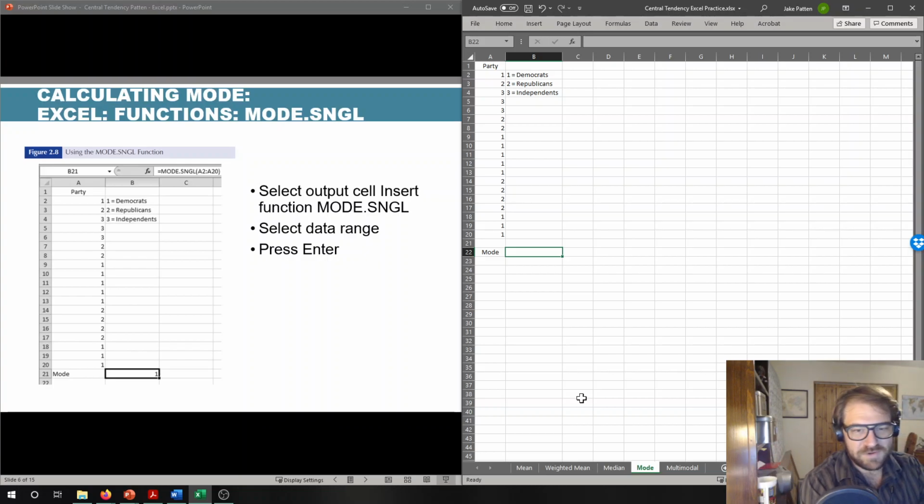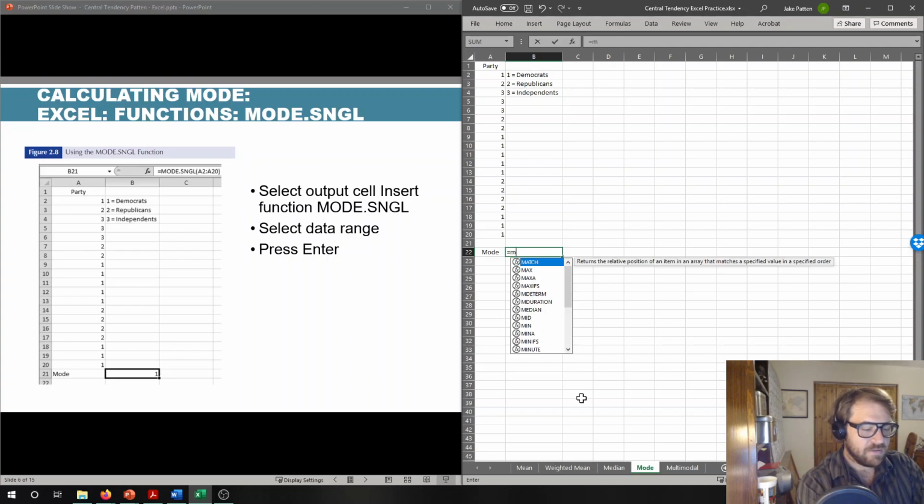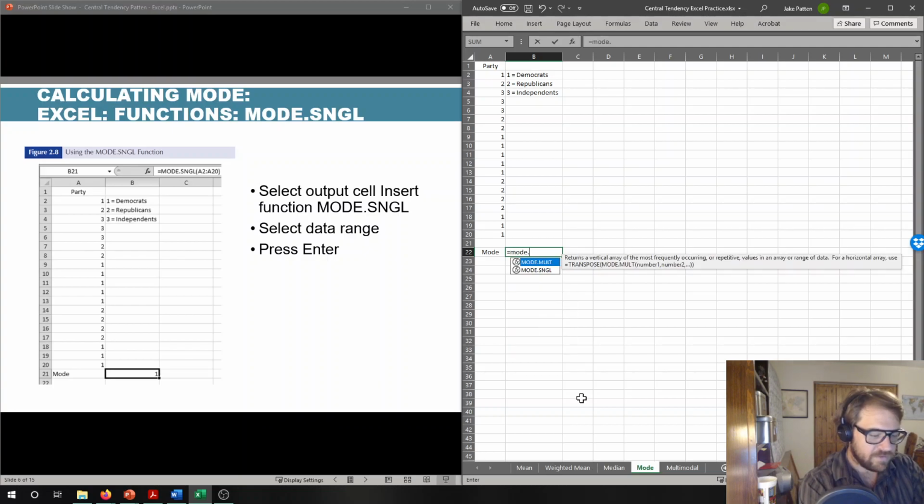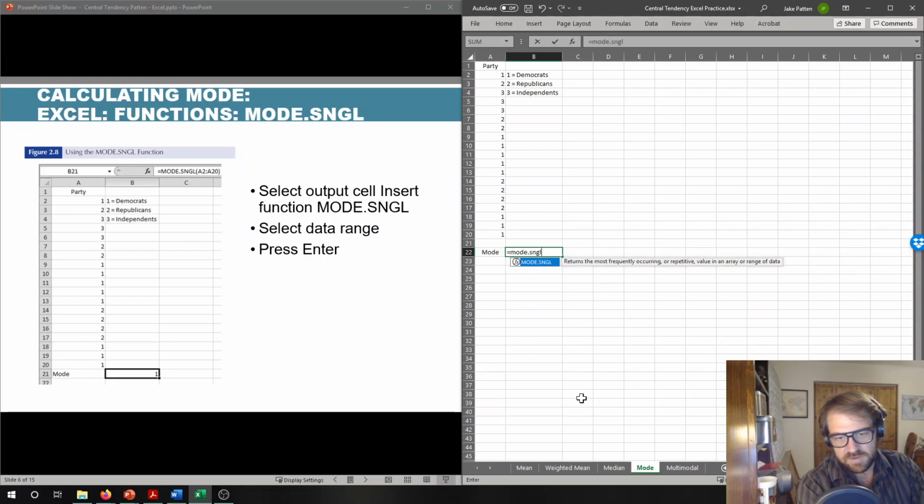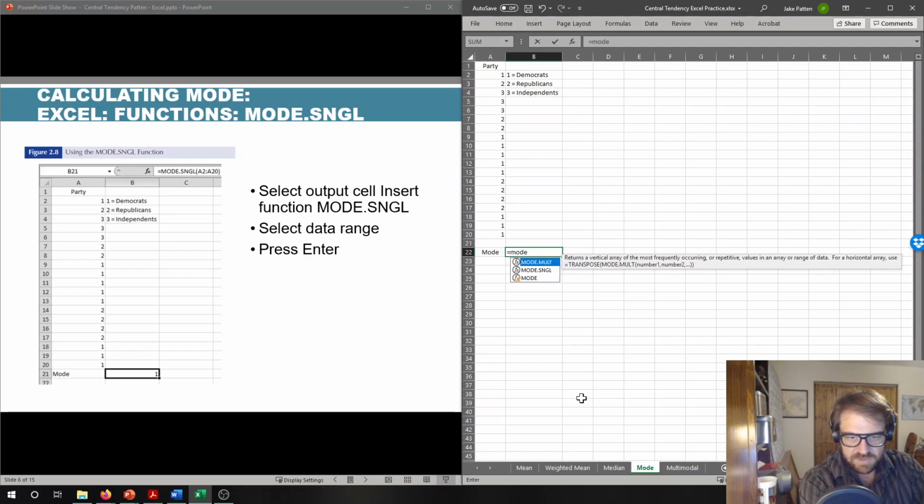So what we're going to do here is very slightly different than average and median, but it's not that much different. So we're going to type in mode dot SNGL. Now, what's nice about Excel is it shows you, if you followed that, down below, right here where I am, it gives me all the choices that I could continue typing. Mode.mult, mode.sngl, and mode, which is an outdated form.